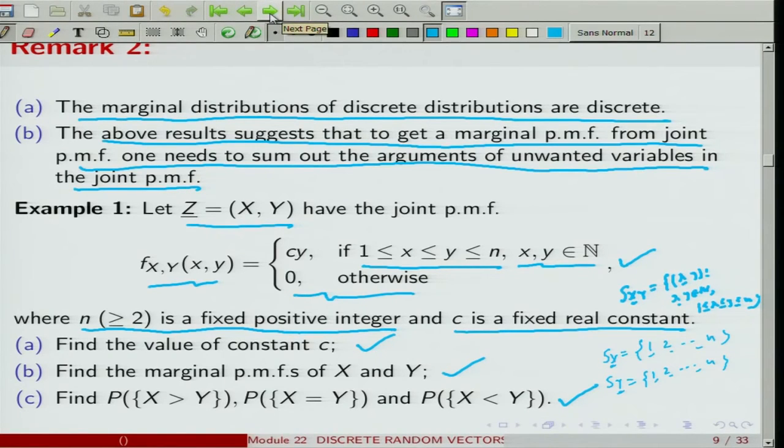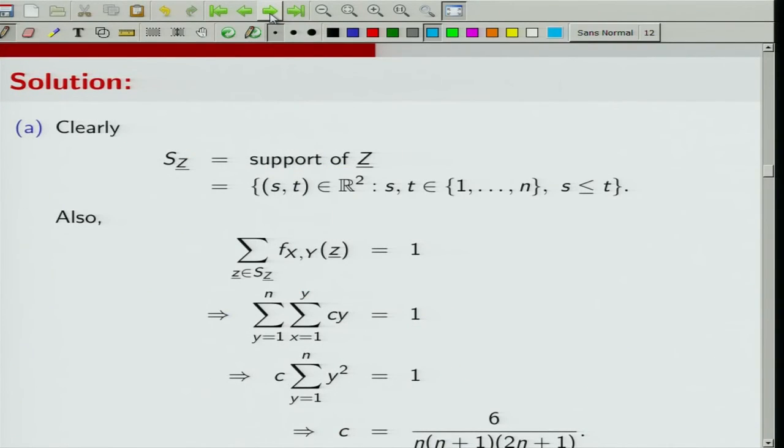Now, this constant c would be determined through the fact that total probability has to be 1. The support of Z is given to be the support of (X, Y), so this Z is the same as (X, Y). Since this is a discrete random variable, the sum over z belonging to S_Z of f(z) is 1. What is happening over here?